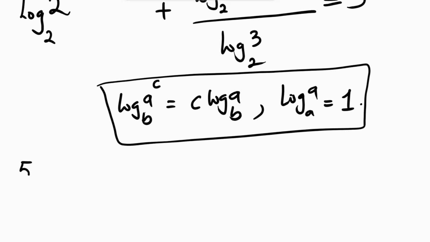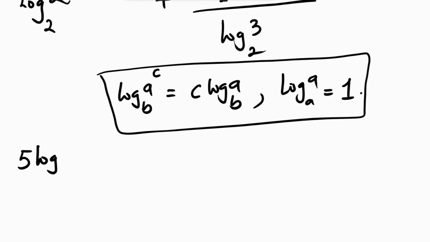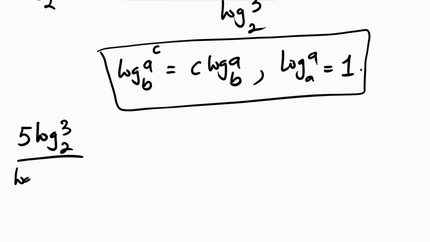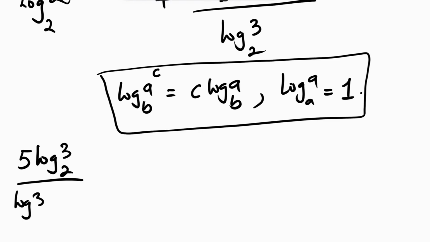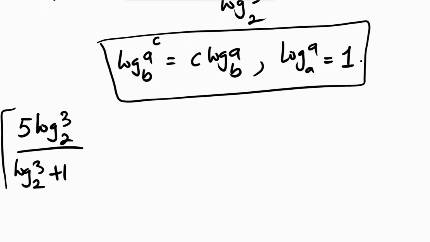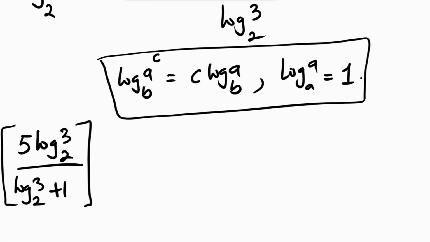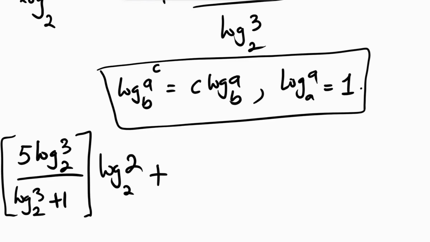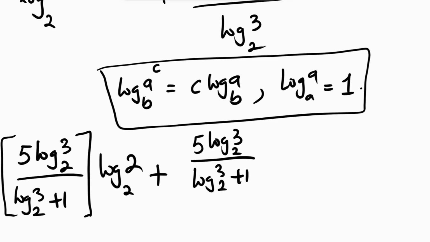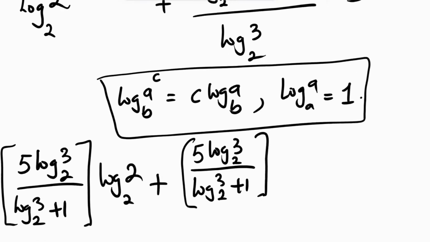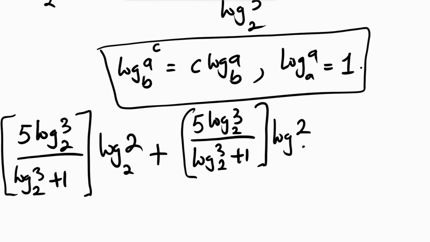So this becomes 5 log of 3 base 2 divided by log of 3 base 2 plus 1, this value times log of 2 base 2, plus, same thing here, 5 log of 3 base 2 divided by log of 3 base 2 plus 1, log of 2 base 2, divided by log of 3 base 2.